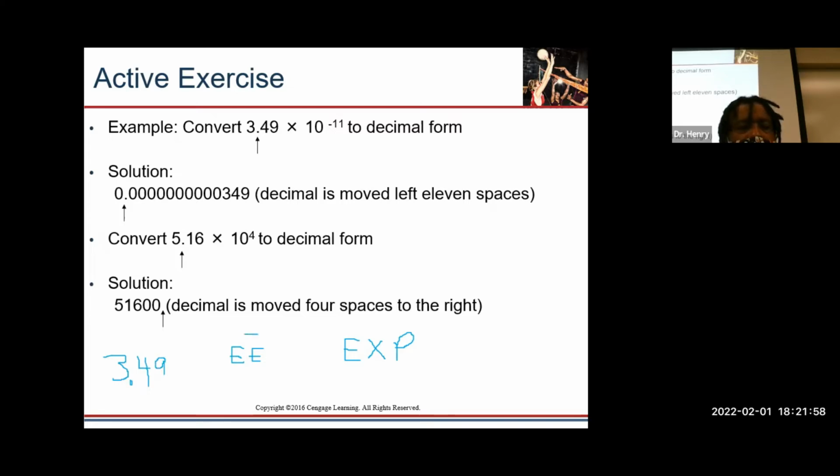Then we press the EE button or the EXP button. Now, this has a negative value, right? You don't want to use the minus sign. There's a button that has plus/minus, or it'll have minus in parentheses. It'll be one of those two buttons on your calculator. Use that button, and then press 11.